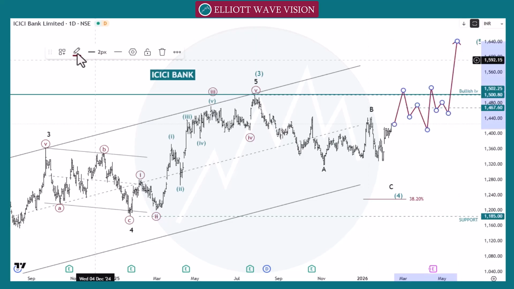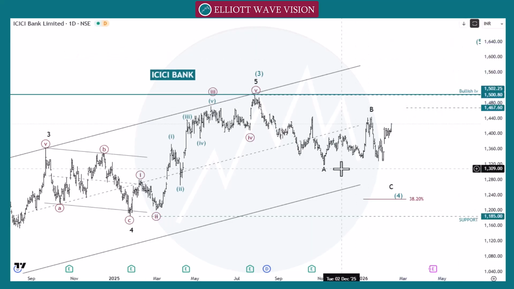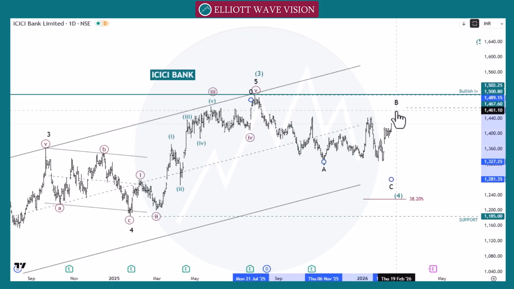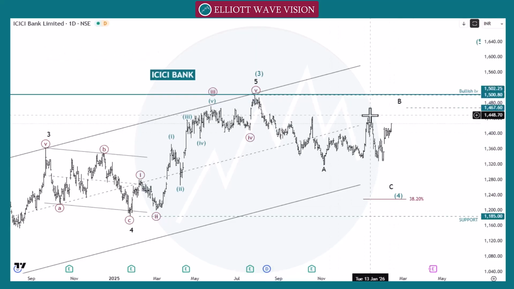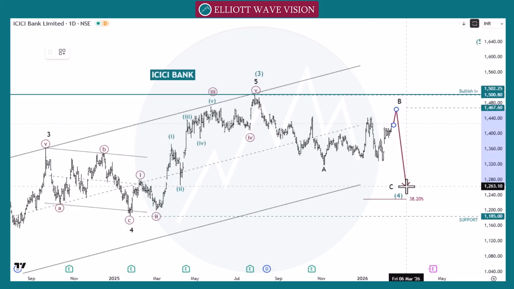For the bearish side, we count this move as a wave A, wave B, or that's also possible. This wave B is still in play like A, B, C, W, or A, B, and C. That's possible. Market goes, crosses this last leg, then goes towards the bearish side.